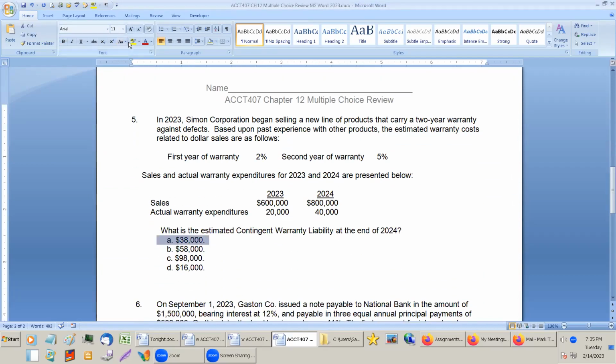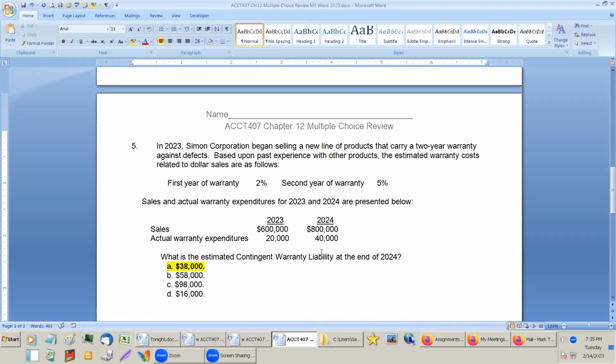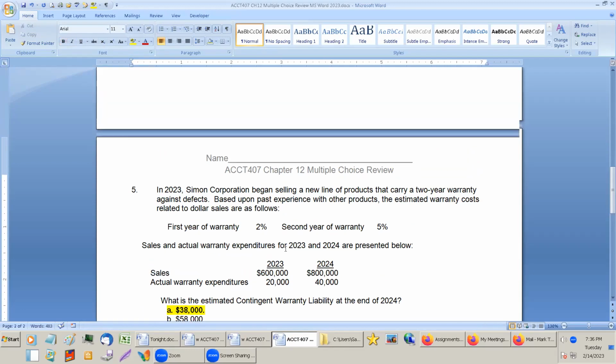This one is A. And by the way, if you want me to go through any of these, let me know. It's A, if you take 7% times that.